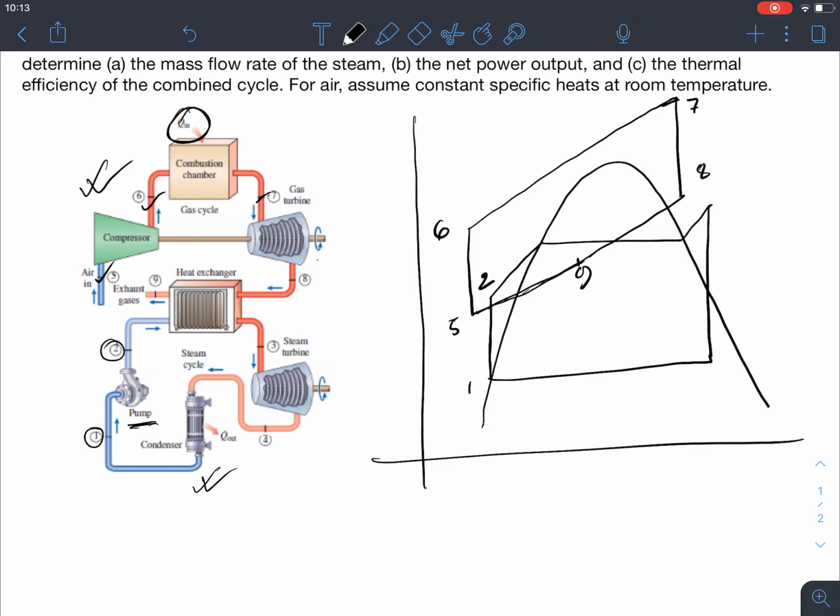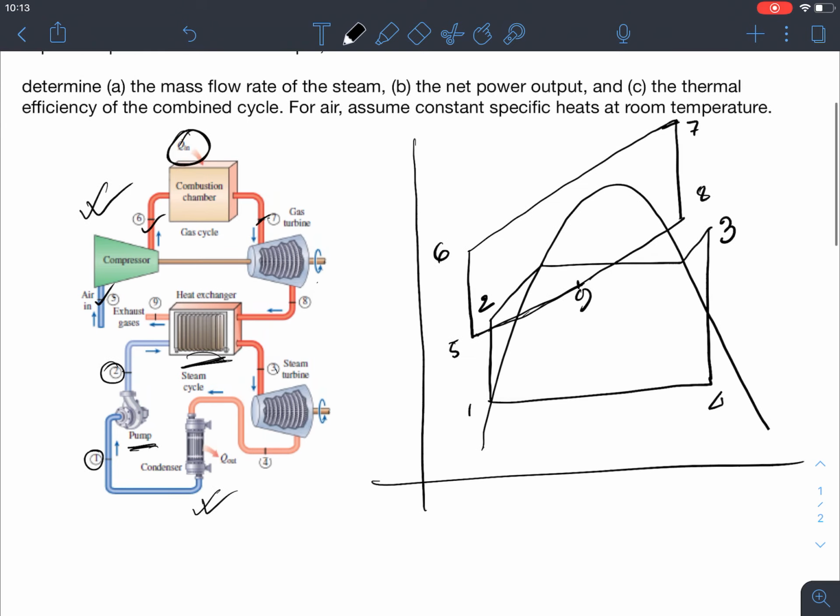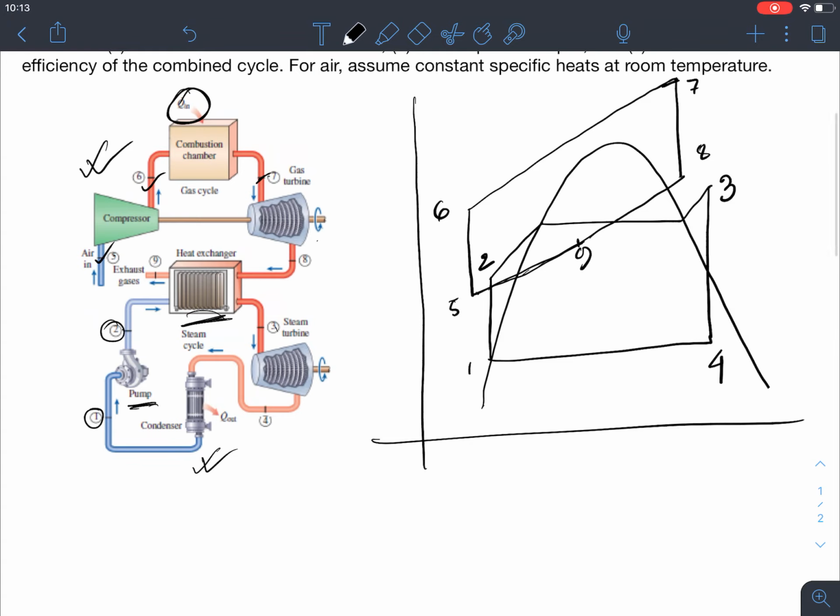So this is 2, and then constant pressure heat addition, which is 2 to 3, is heat addition in the heat exchanger, and then 3 to 4 is the turbine, right here, and then 4 to 1 is the condenser.